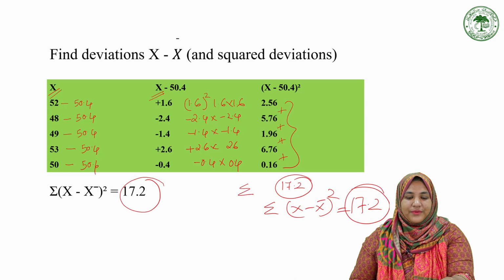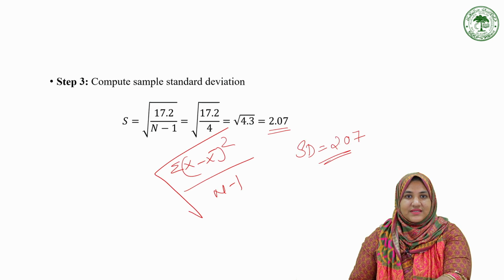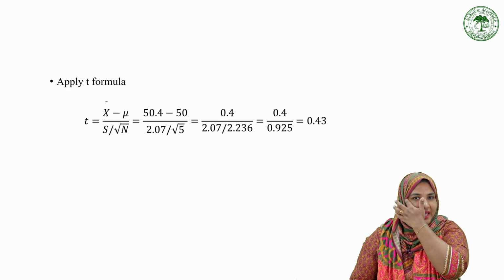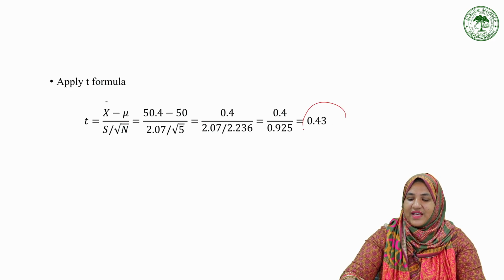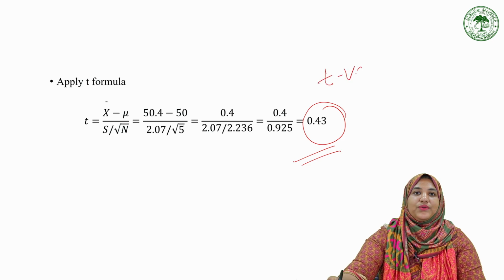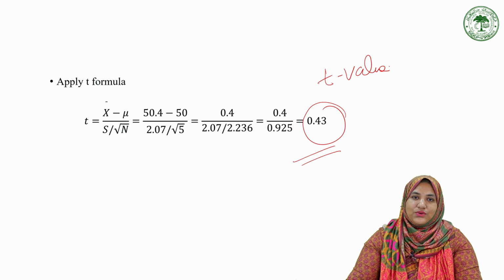So here 50.4 minus 50, that is the expected score, divided by the standard deviation, 2.07, divided by root of n. N means the total sample, that is 5, and finally we get the value 0.43, which is the t value.